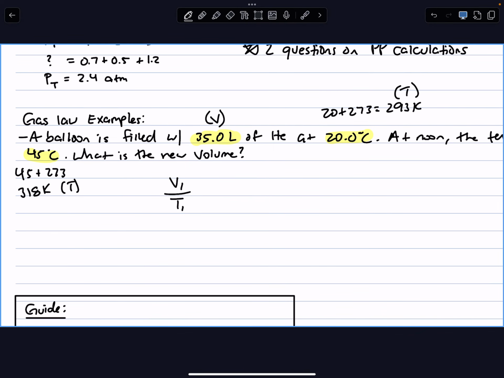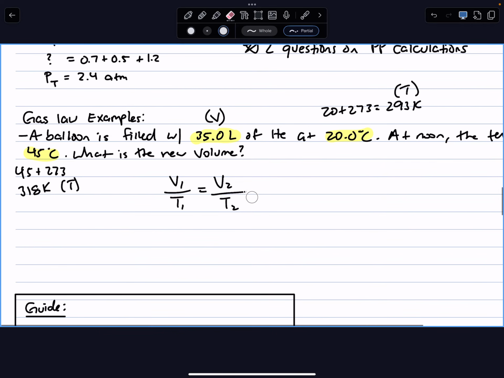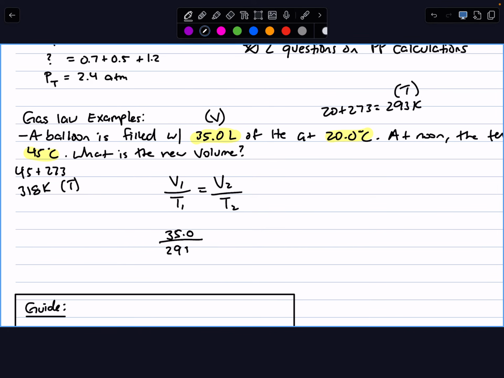V1 over T1 equals V2 over T2. So it's 35 over 293 equals V2 over 318.